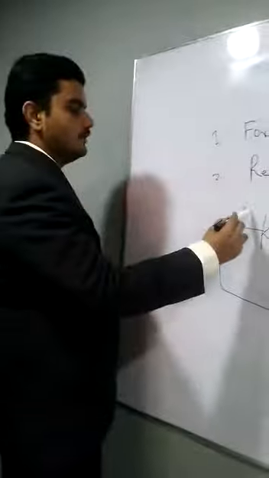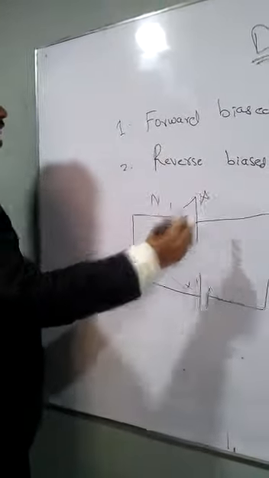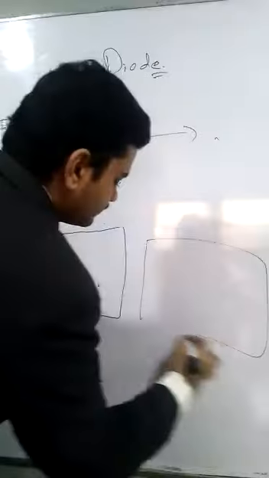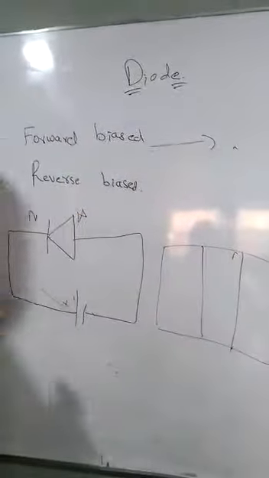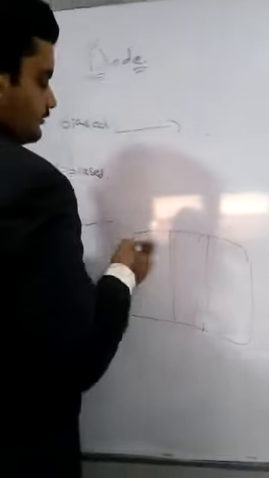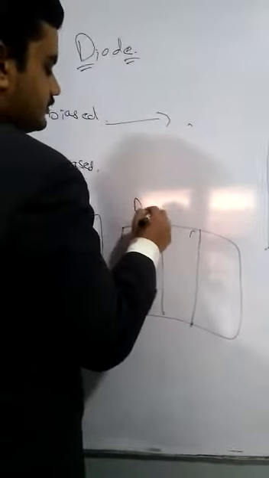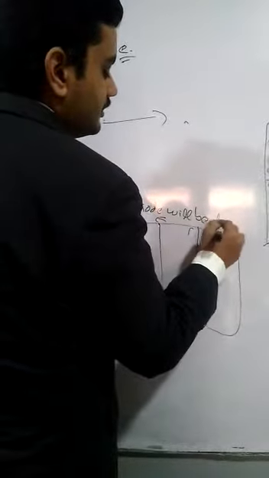While in the case of reverse bias direction, how do we connect it? We connect it just like that. The positive terminal of the battery is connected with the N type semiconductor, while the negative of the battery is connected with the P type semiconductor, and in this case the depletion region increases up to a certain limit, right? And after that limit, the diode will be destroyed.